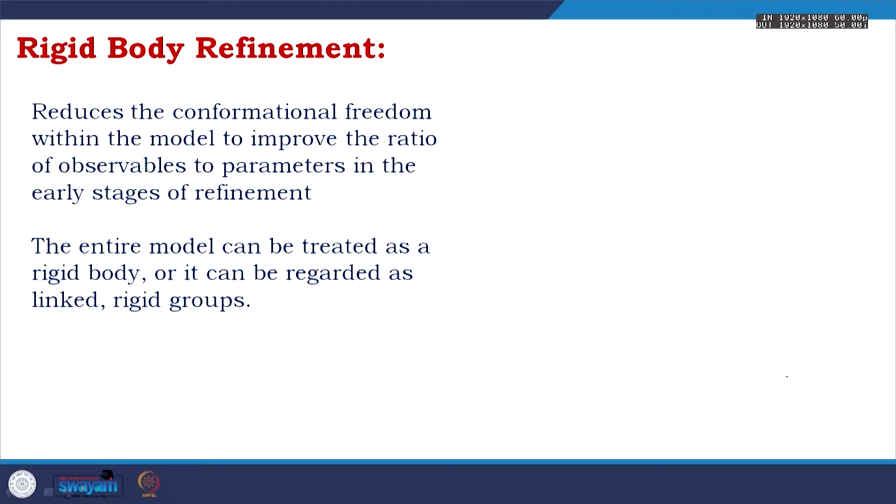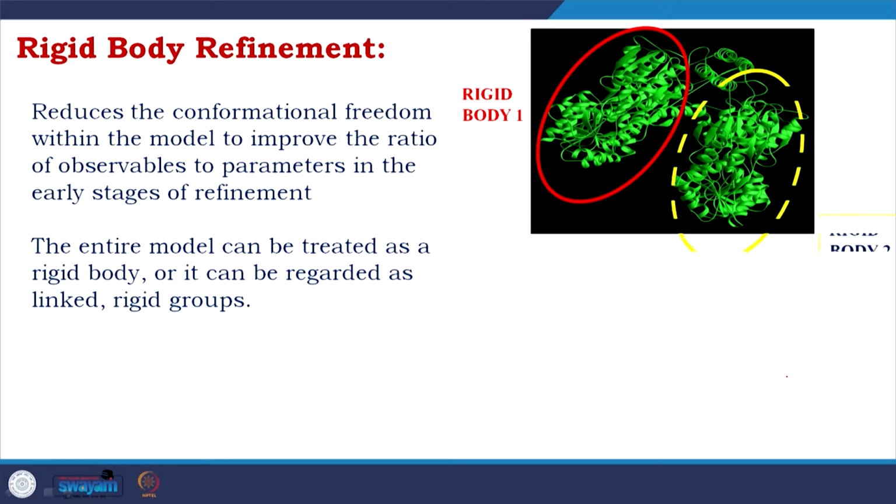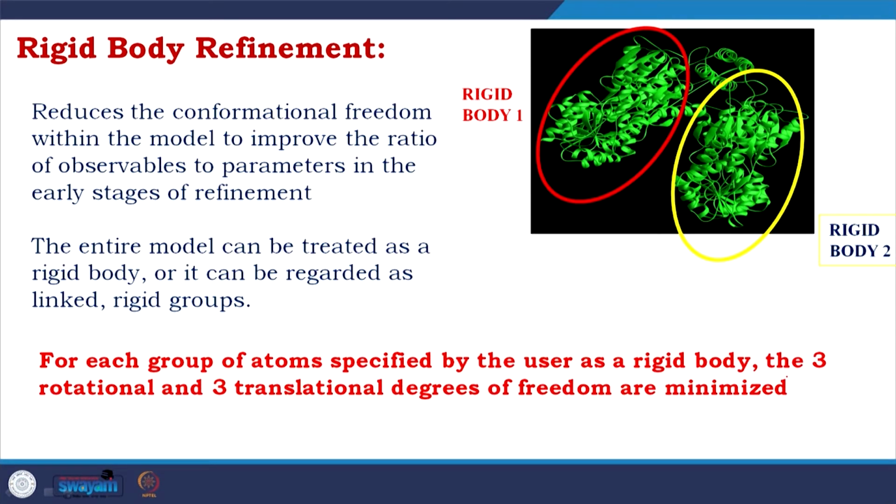The entire model can be treated as a rigid body, or it can be regarded as linked rigid groups. If you see, there are two different domains. One domain is considered as rigid body 1 and the other domain is considered as rigid body 2, and for each group of atoms specified by the user as a rigid body, the rotational and translational degrees of freedom are minimized.